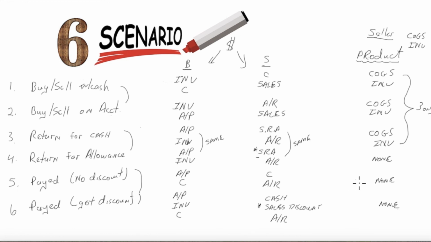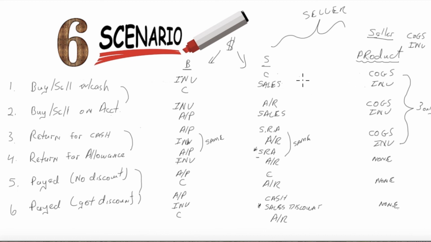So I hope that helps explain it a little bit, as to which accounts are being used once you determine if you're the buyer or the seller. So these two here are going to be the seller accounts. Once you determine whether you were the buyer or the seller, for example, in this one here, you sell product for cash: cash would be affected, sales would be affected, cost of goods sold would be affected, and inventory.